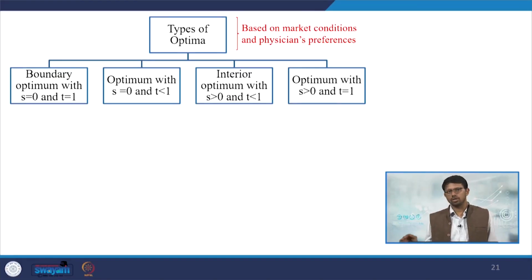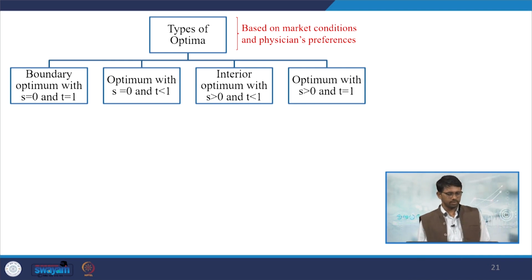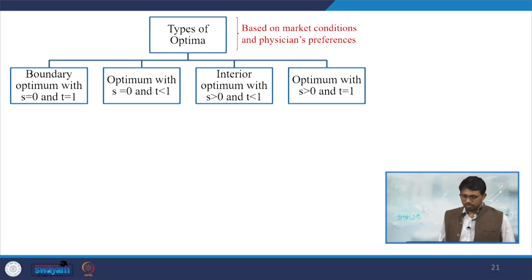When the constraint function is not really rigid or strict, following a strict boundary function, in that case we are supposed to deal with other approaches like Kuhn-Tucker. Here, in the types of optima, there are 4 possibilities. The boundary optimum with S equal to 0 and T equal to 1, okay, and these are all based on market conditions and physician's preferences.